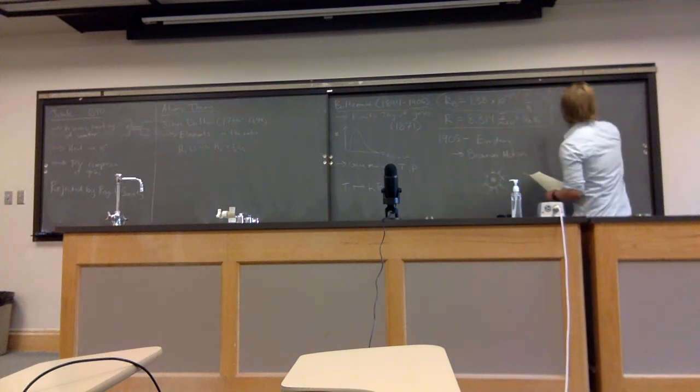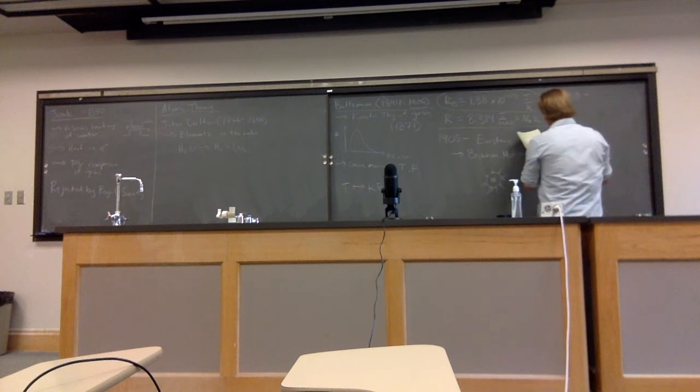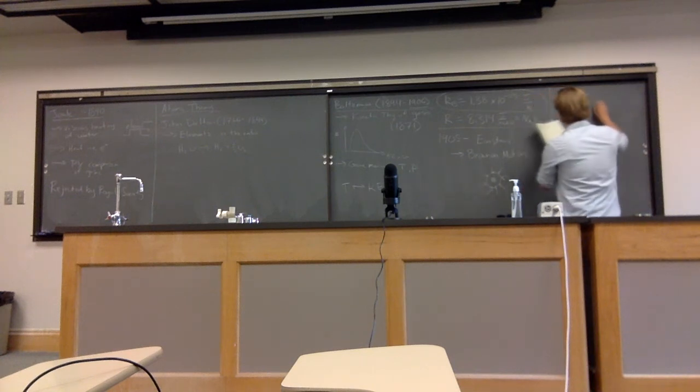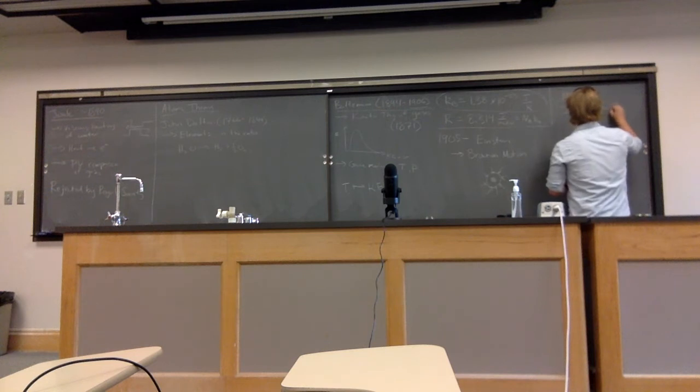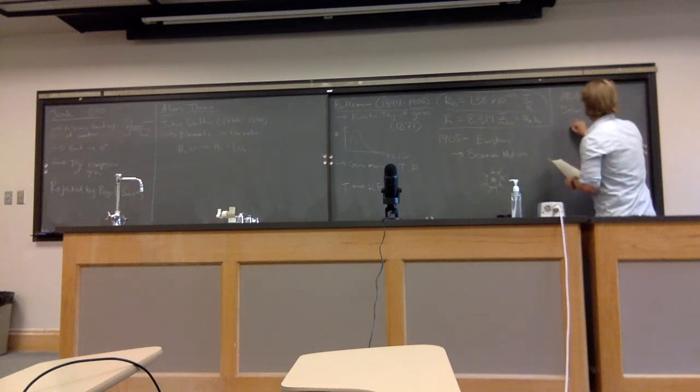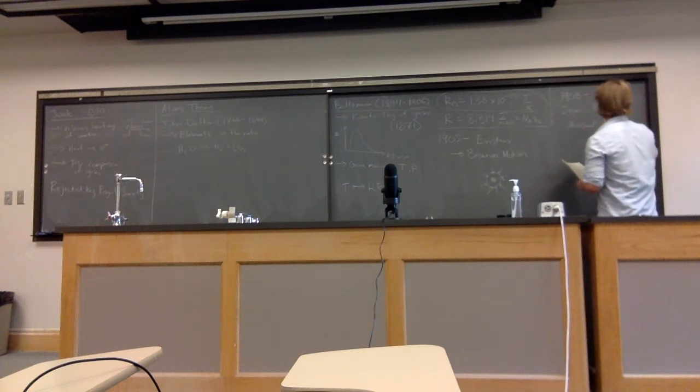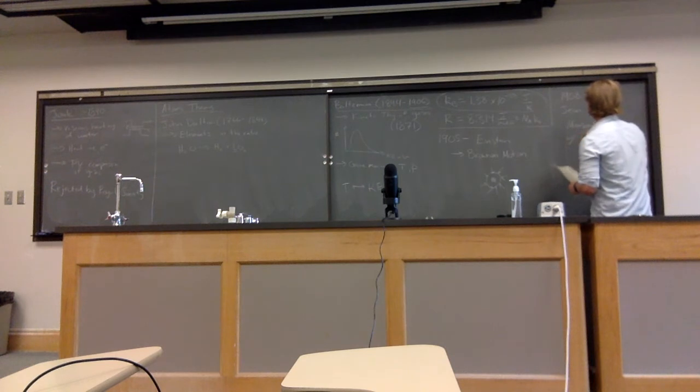Further, in 1908, I believe this is a French individual, Jean Perrin measured Avogadro's number with Brownian motion.